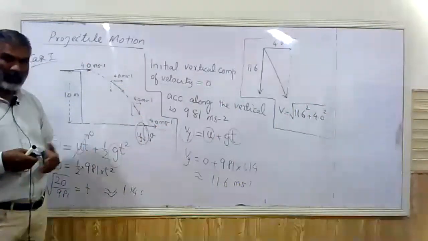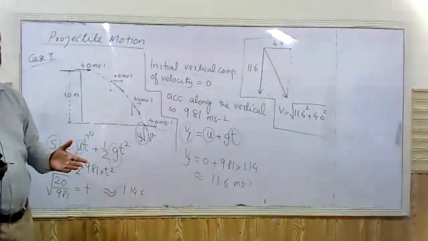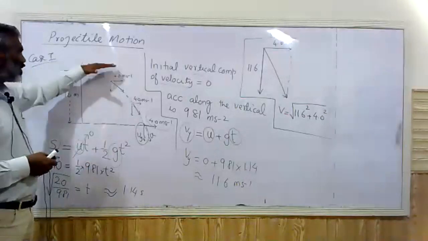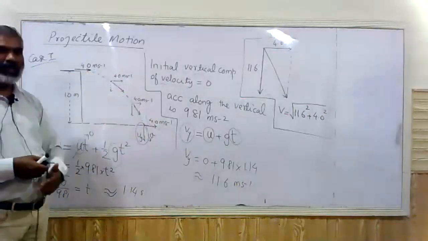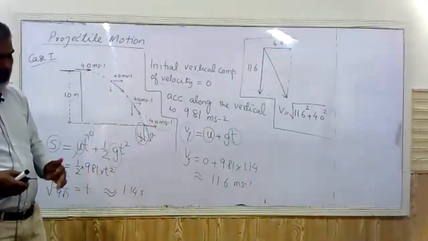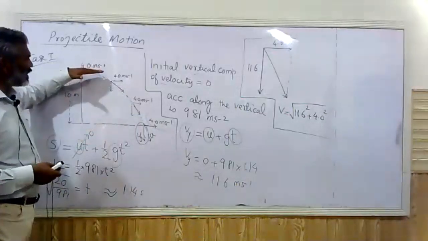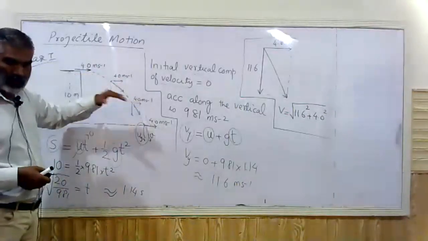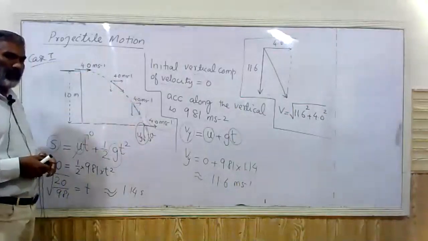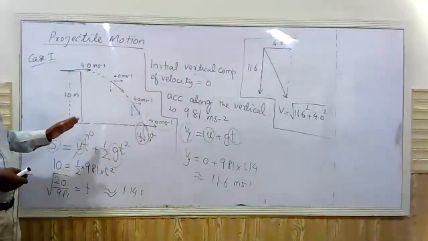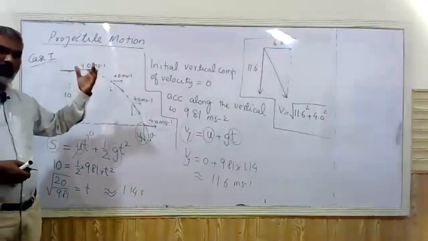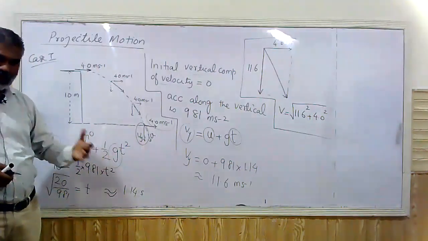Why is it constant? Because there is no force acting on this object along this direction. Even air drag is ignored. So there is no increase or decrease in velocity along the horizontal. However, along the vertical, there is a force acting, and that constant force results in a constant acceleration.